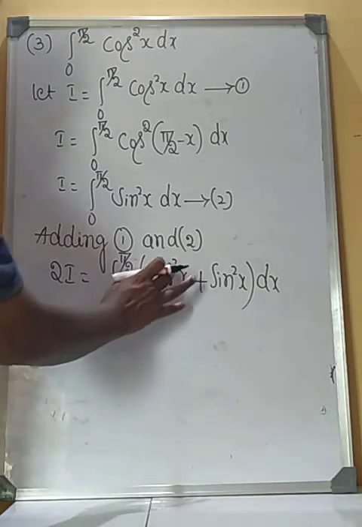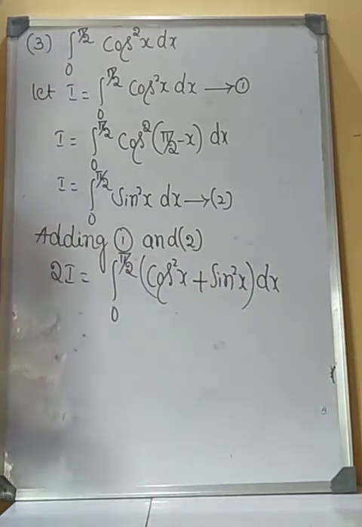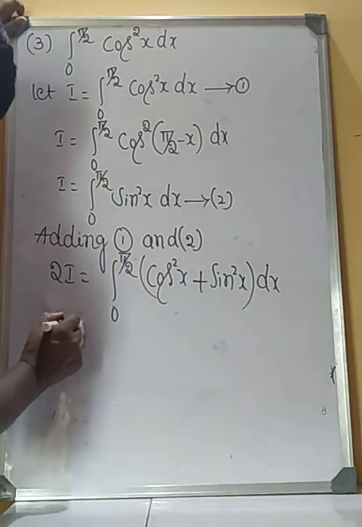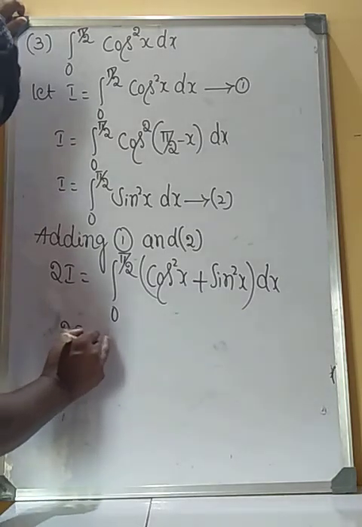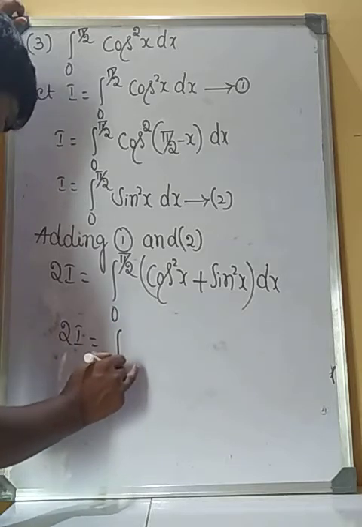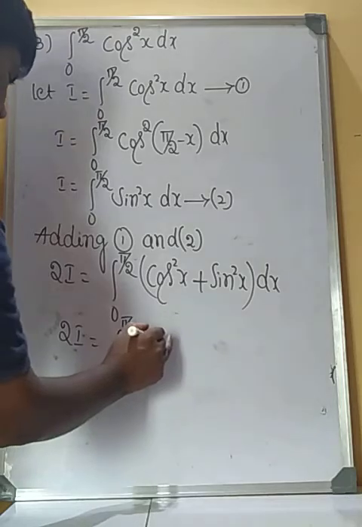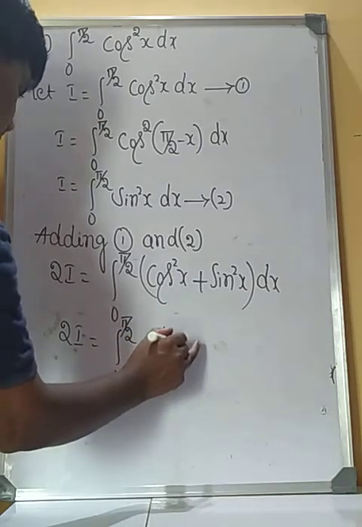You know cos square x plus sin square x is 1, the trigonometric identity. Therefore 2I is equal to integral 0 to pi by 2 1 into dx.